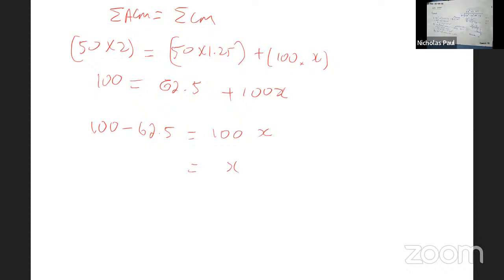So let's just switch them around. So 100x is equal to 37.5. So x is equal to 37.5 over 100, which is 0.375. That's okay? And that's it? You good to go? All right.